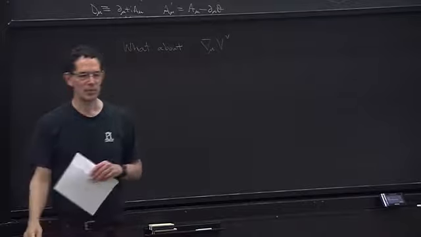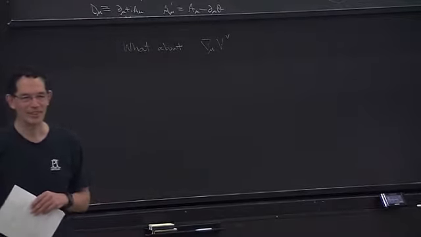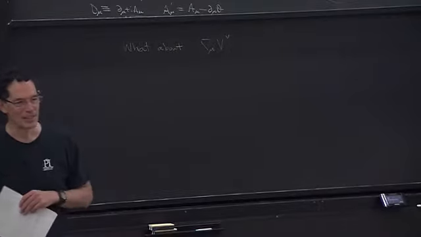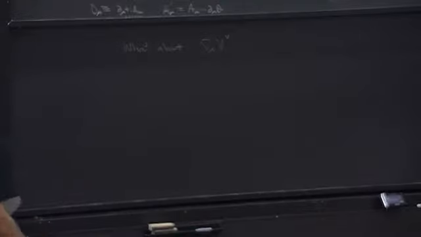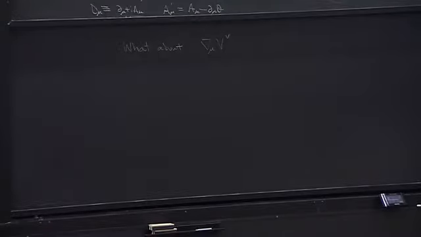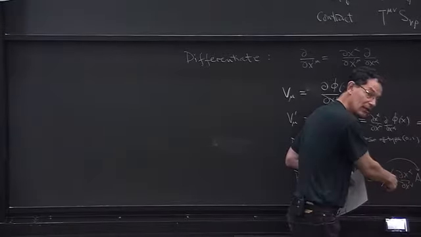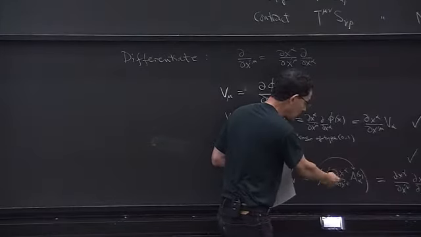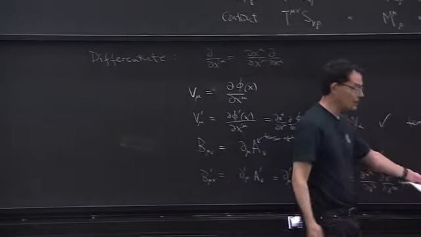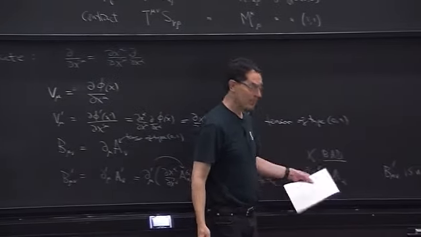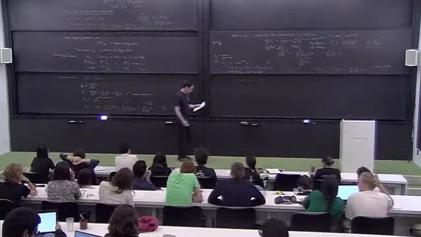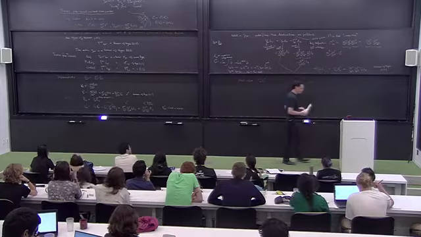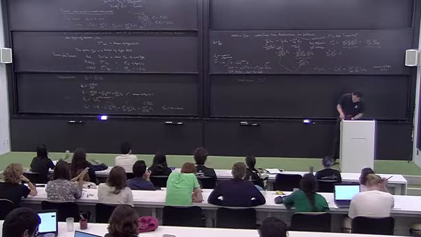Let me just be difficult and define the derivative of something with an upstairs index. Well, it's pretty clear I get the same problem. It's just that I'm going to have the inverse Jacobian matrix here for the upstairs index. So I'm going to differentiate that, and I'll get another bad term. So this time it turns out you get a different bad term.